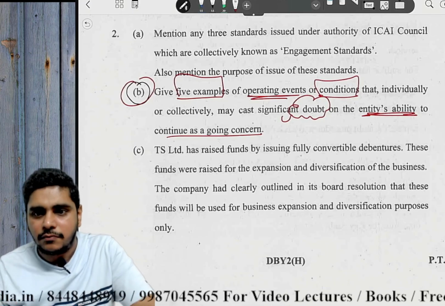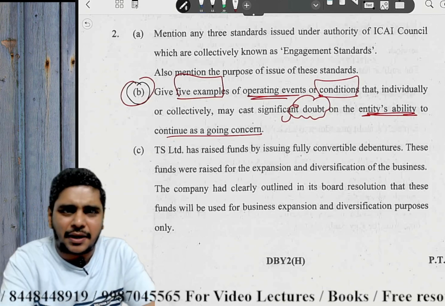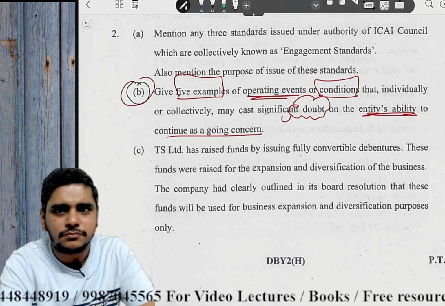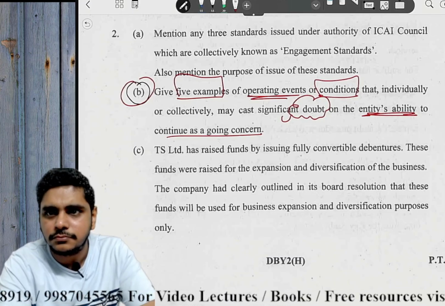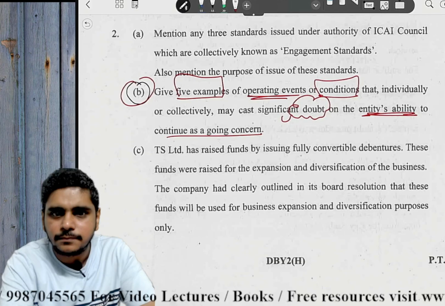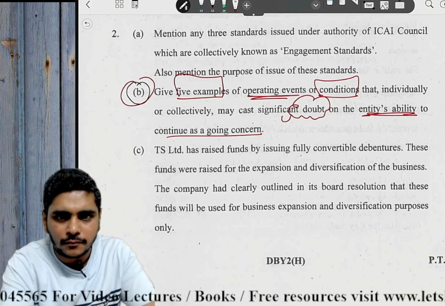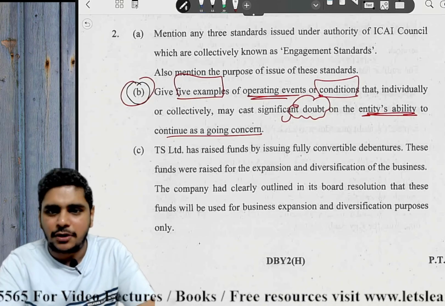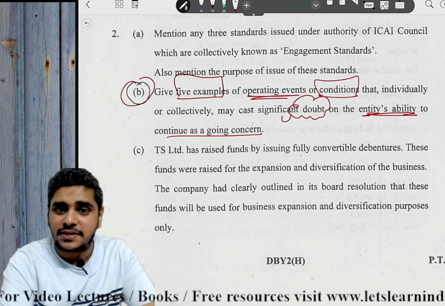What chapter, what content? Any idea? This is basically on SA 520. Sorry, no, 570.